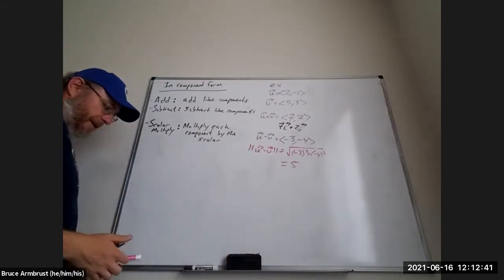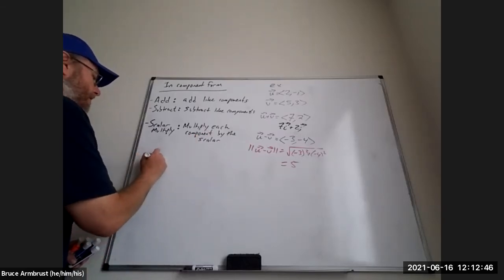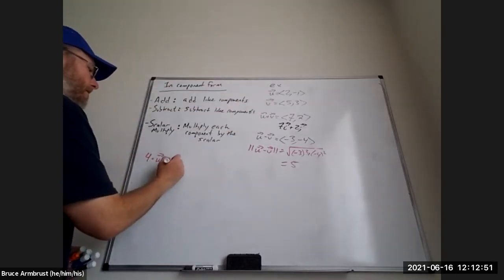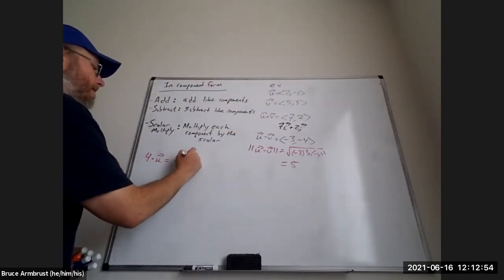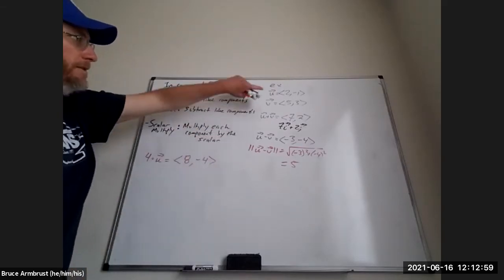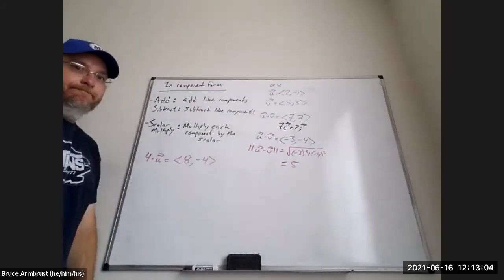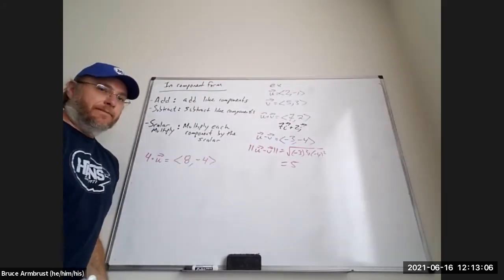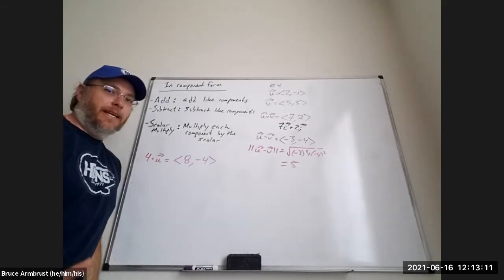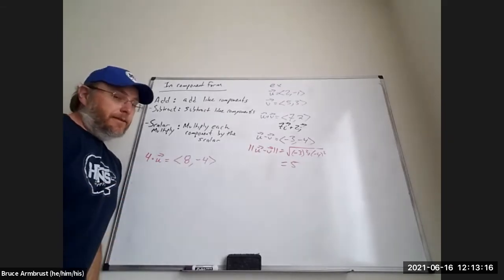So let me show you what I mean here. Let's say that we've got 4 times u, or again, u is 2, -1. So what we're going to do is we're going to multiply both of those components by 4. So we'll take 2 times 4 is 8, -1 times 4 is -4. Done. And again, you don't have to worry about, did I actually extend it the right length, whatever. No, we got it.